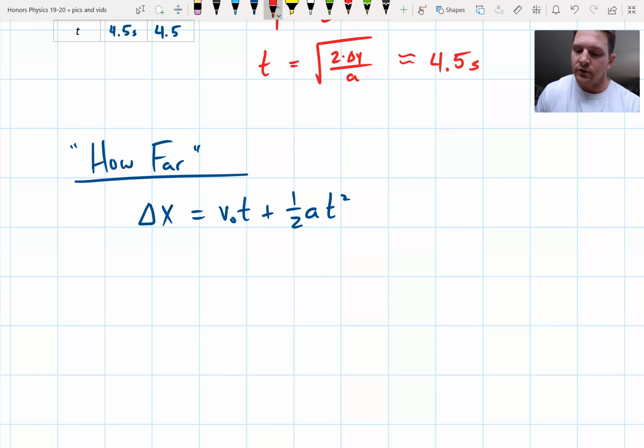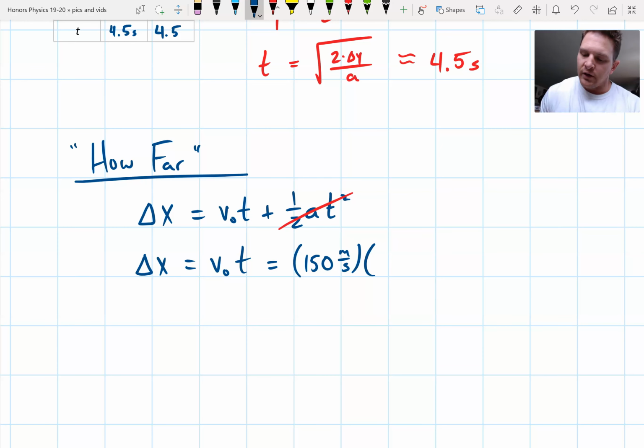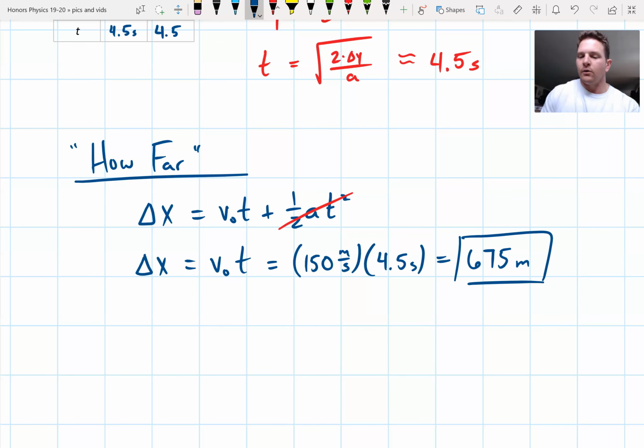There's no acceleration, so this whole term goes away. And initial velocity times time. Now we can plug in all of our stuff. Initial velocity was 150 meters per second. It was in the air for 4.5 seconds. So 675 meters. That's how far away the cannonball is going to land on the ground.